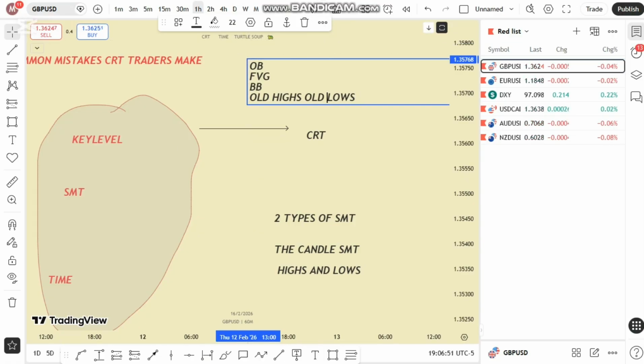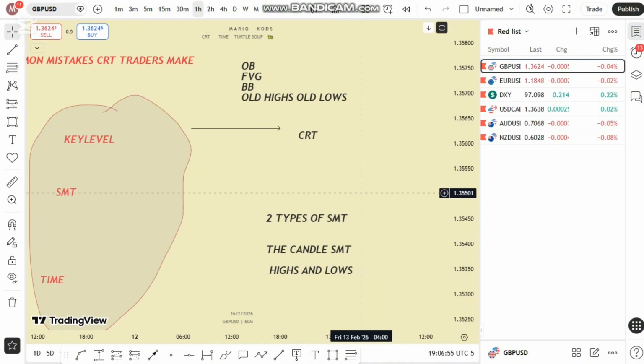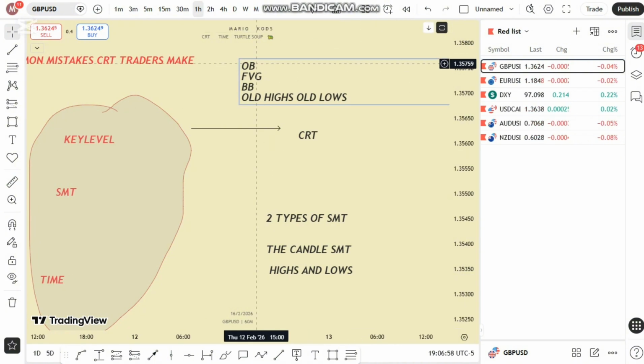These are the most important key levels you need to master. Order block, fair value gap, breaker block, old highs, old lows. I don't mostly use breaker block, but I use order block, fair value gap, old highs, and old lows.